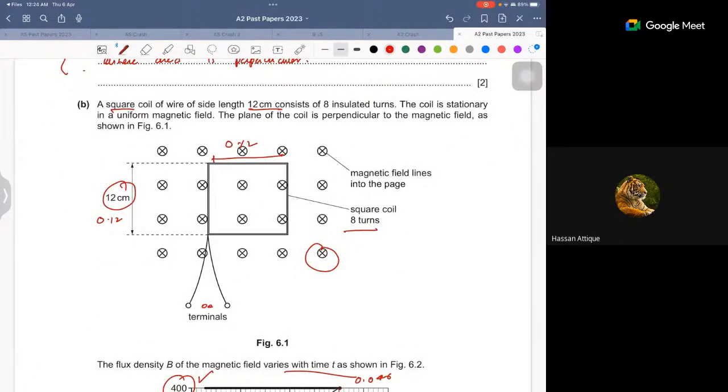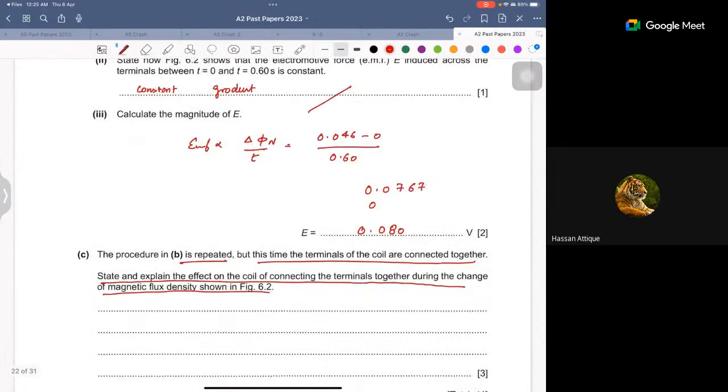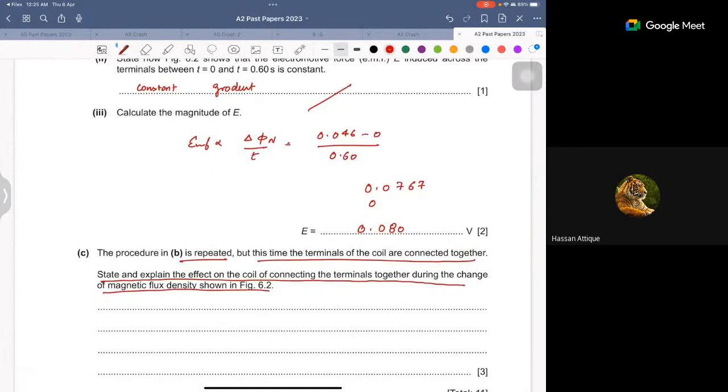Okay. If the terminals are connected together, what difference will it make? What happens really?